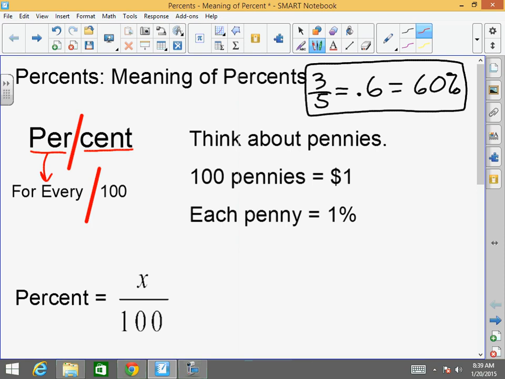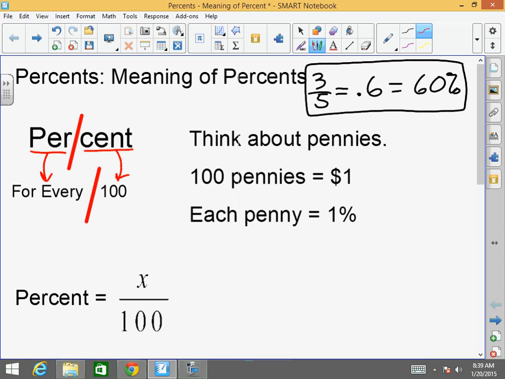And cent comes from the Latin root of 100. So percent means for every 100. When you have 15%, that means you have 15 units out of 100 possible units.